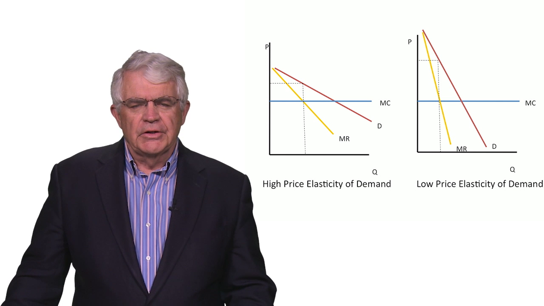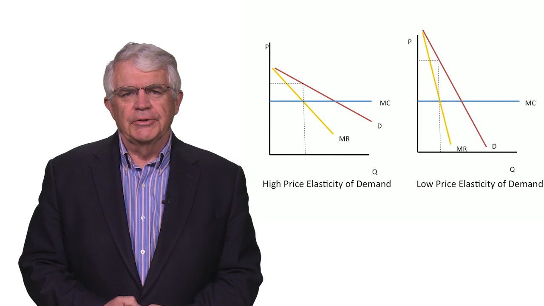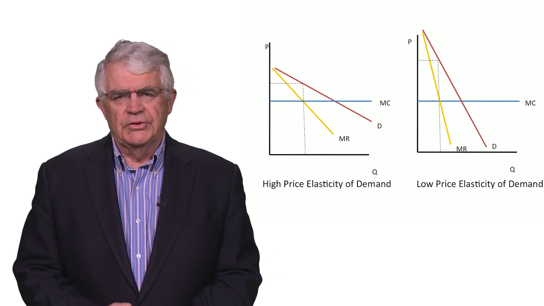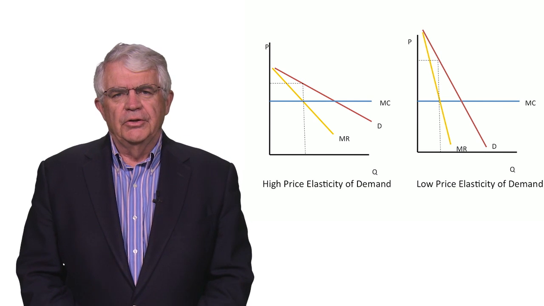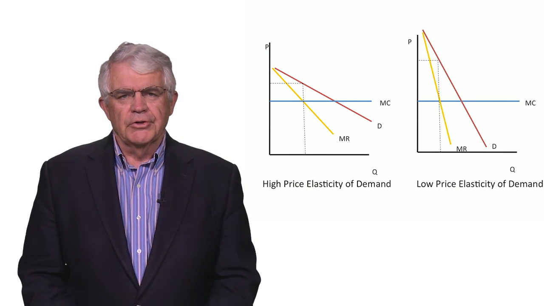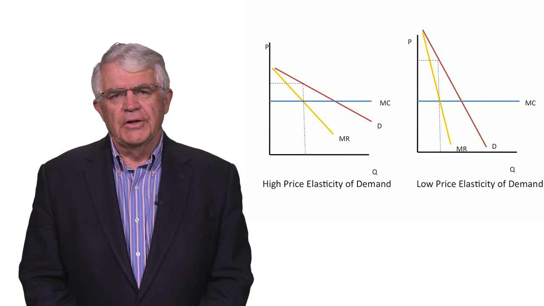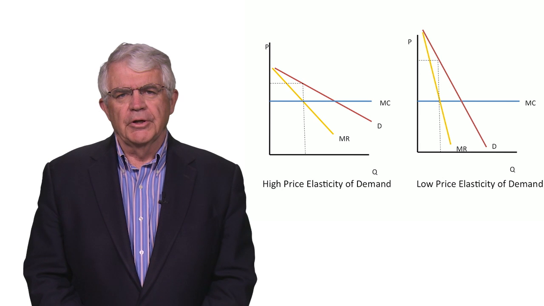We can illustrate this in the kind of diagram that we introduced for a monopoly. And this is illustrated in two cases. Over on the left, we have a demand curve and a marginal revenue curve. The marginal revenue curve is below the demand curve, as is generally the case for a firm with monopoly power or market power.